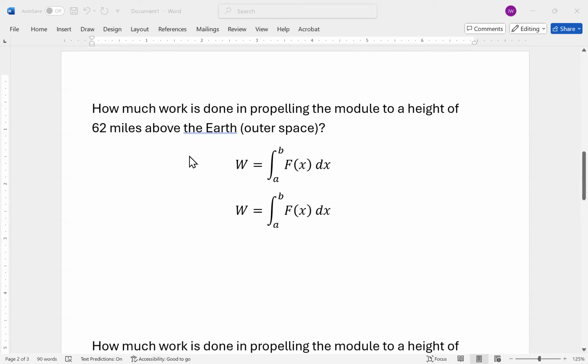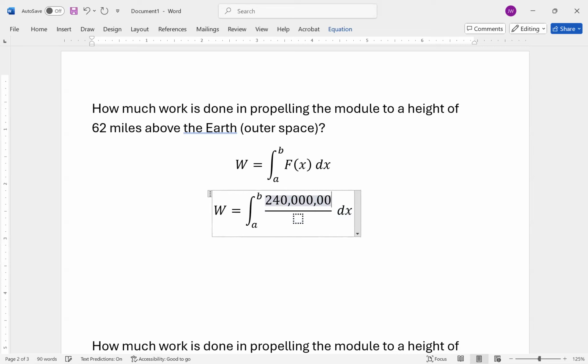How much work to get this thing into space, like officially into space? Well, the force function is going to be that function we had earlier, 240 million divided by x squared. When I propel it to a height 62 miles above the Earth, be careful here.